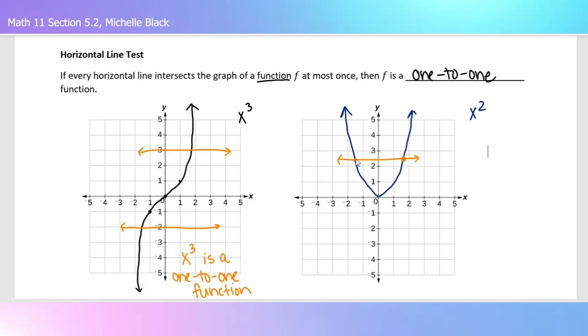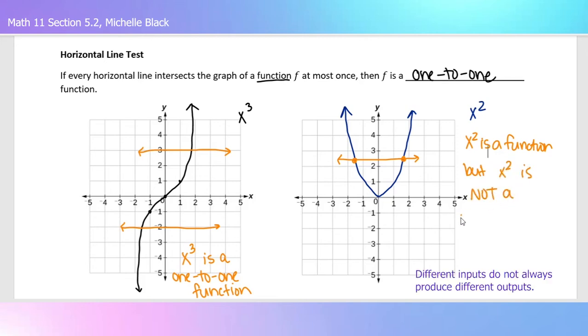There's a bunch of places, in fact, almost every place except for at this very bottom point, that a line's going to cross more than once. So x squared is a function, but x squared is not a one-to-one function. So what that means is x squared, the way it's written right now, is not going to have an inverse function.